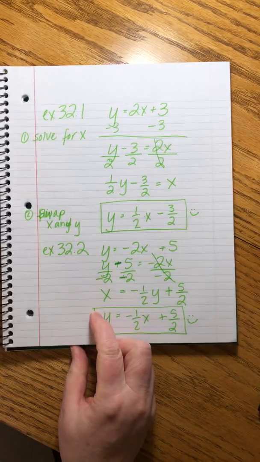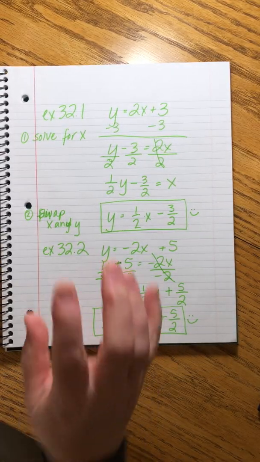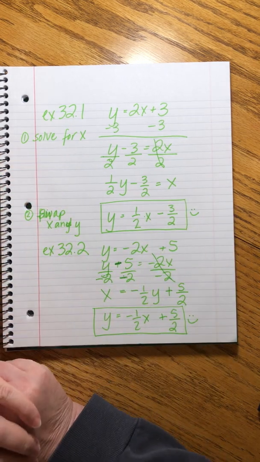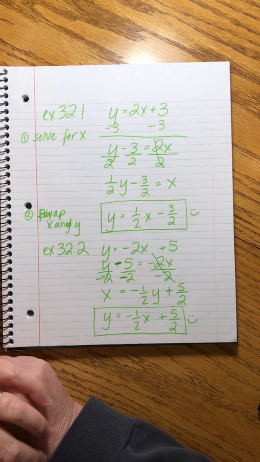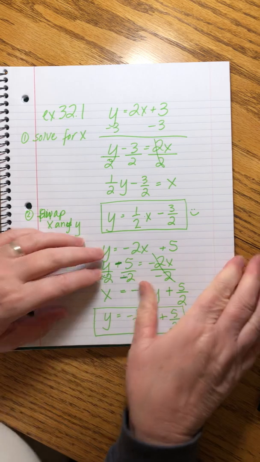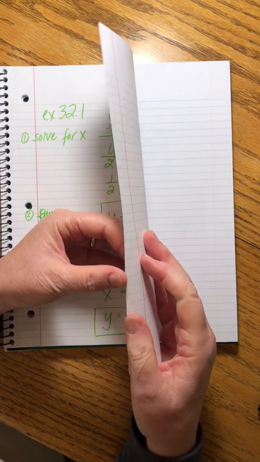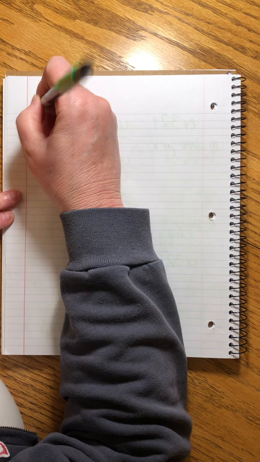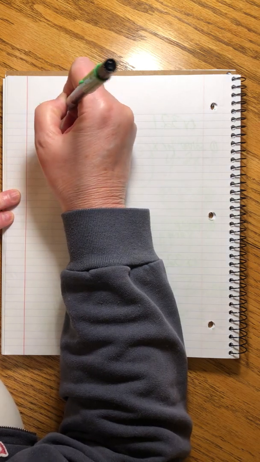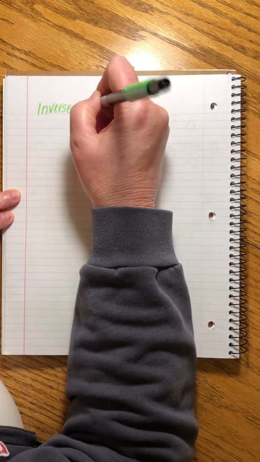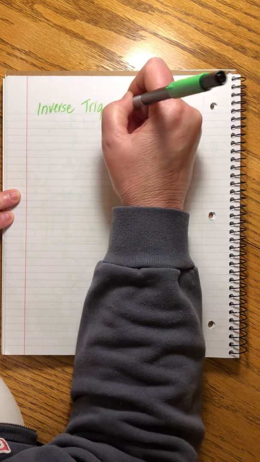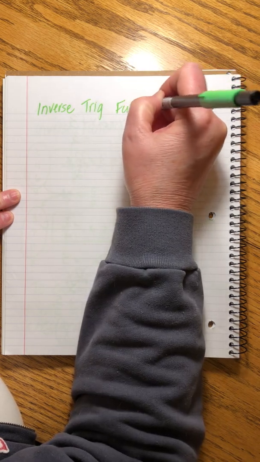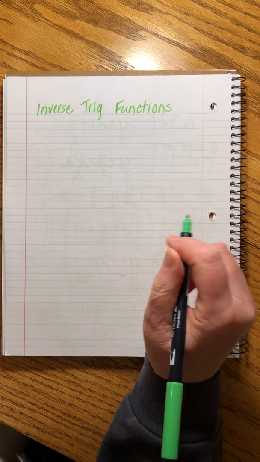Enough fun and games with just general, and those were just equations of lines, right? They were just little linear functions that we dealt with. Now we're going to change the speed of our conversation here and talk a little bit about inverse trig functions. And we have already talked about these a little bit.